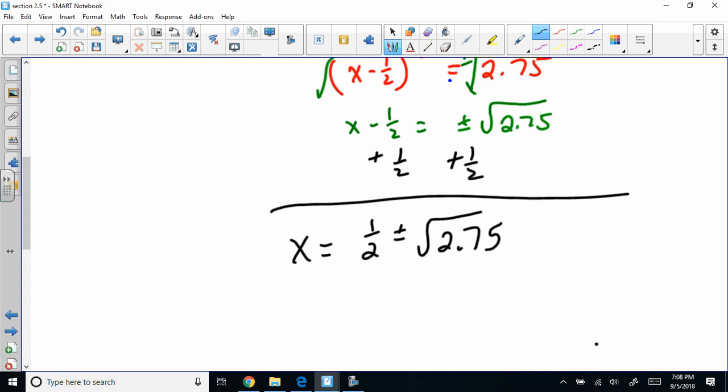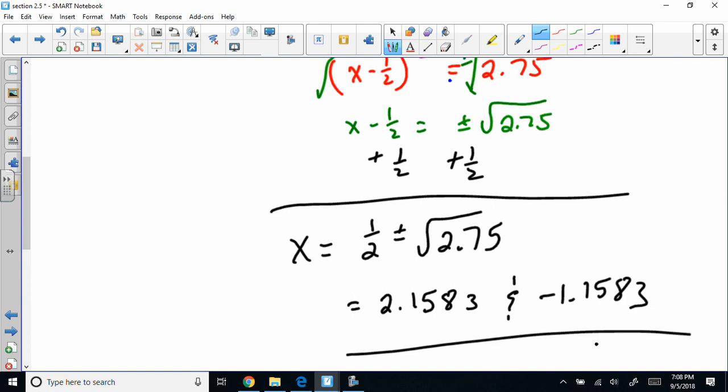So in your calculator, you can do 0.5 plus the square root of 2.75, which is 2.1583, and 0.5 minus the square root of 2.75, and that is negative 1.1583. So that's what x is equal to. And that's basically the x-intercepts, right? So that's what you're doing.